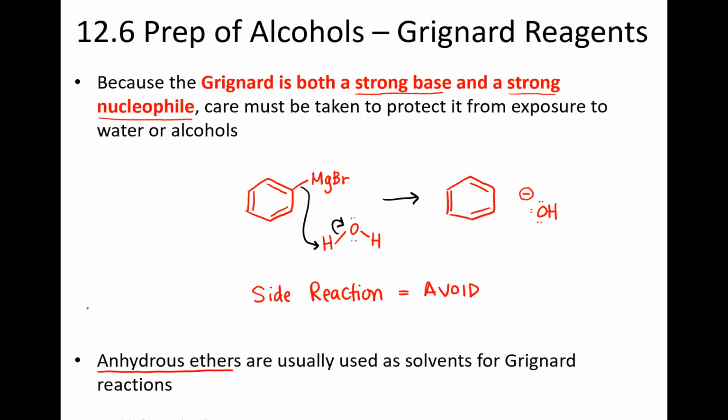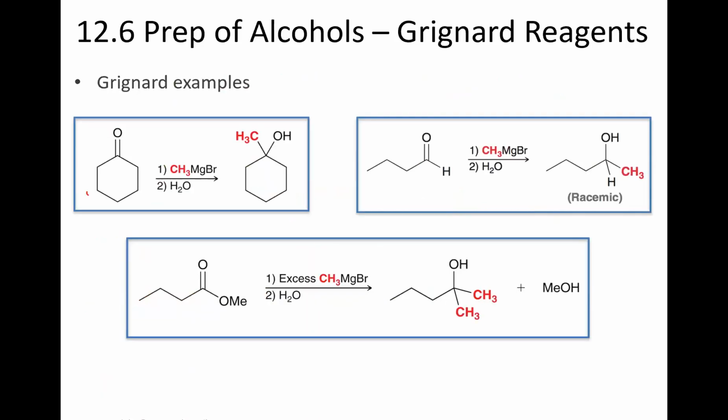So common solvents are ethers such as diethyl ether. This works really well because the negatively charged oxygen or partially negatively charged oxygen will coordinate to the magnesium ion in solution that's formed as a result of formation of the Grignard reagent. And it helps stabilize the Grignard reagent.